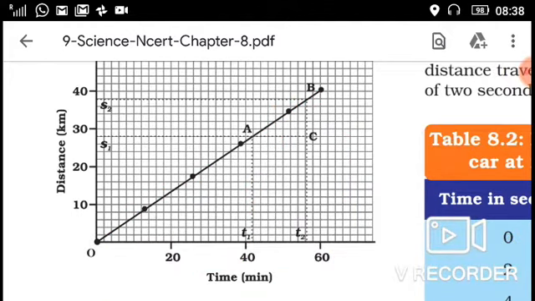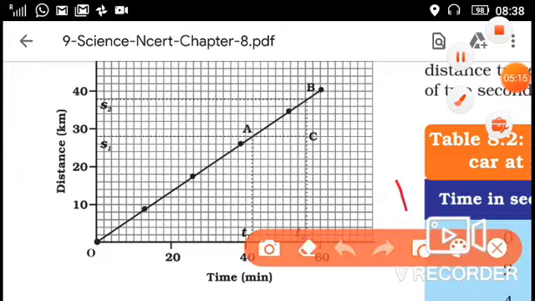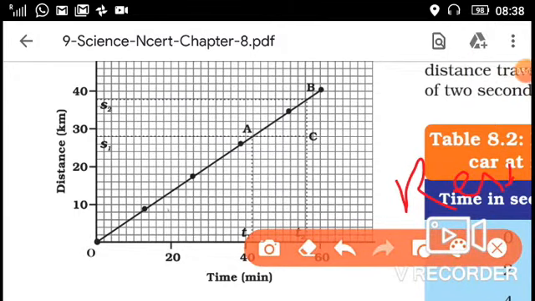Or suppose the object is at rest. At 20 seconds the object is at 10 meters, at 40 seconds the object is also at 10 meters, at 60 seconds the object is also at 10 meters, at 0 seconds the object is also at 10 meters. It means the object is not changing its position, it is at rest. Then we obtain this graph.